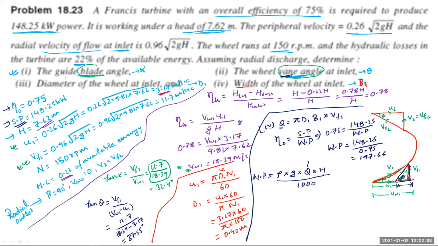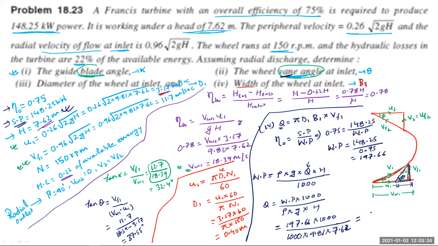We are looking for this Q. So Q will be water power into 1000 divided by rho into G into H. So 197.66 into 1000 divided by rho, which is density of water, 1000, G is acceleration due to gravity, and capital H is given as 7.62.